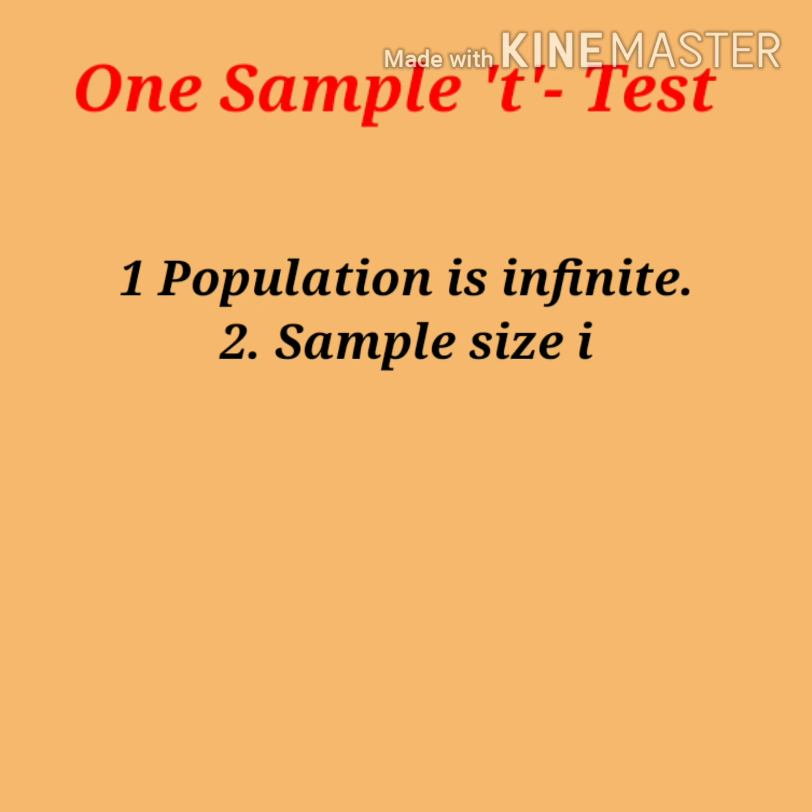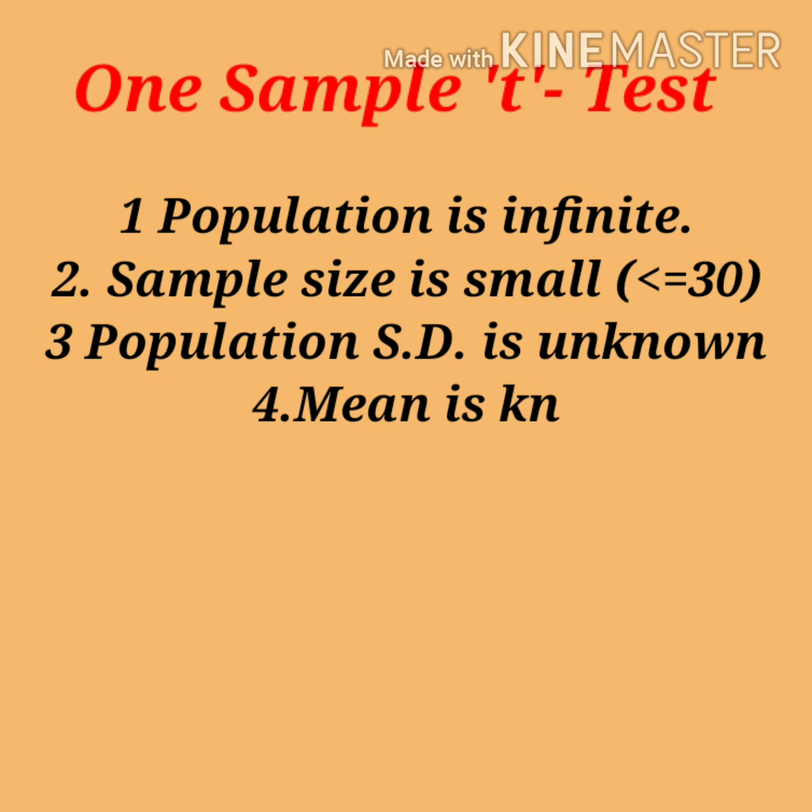Now I am going to discuss in detail the one sample t-test, where the population is infinite, the sample size is small, the variance or the standard deviation of the population is unknown and the mean is known.